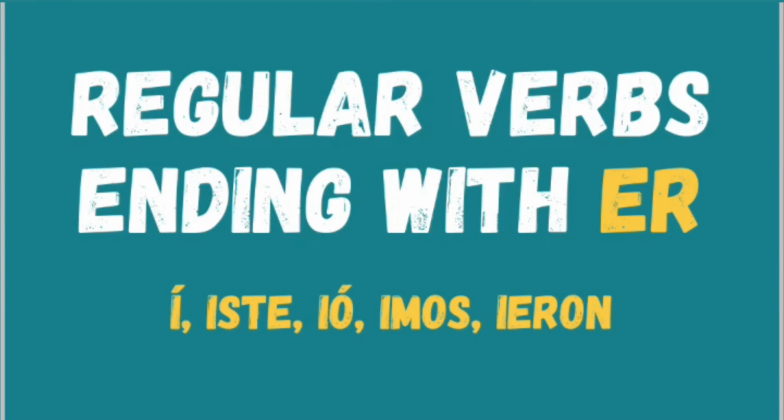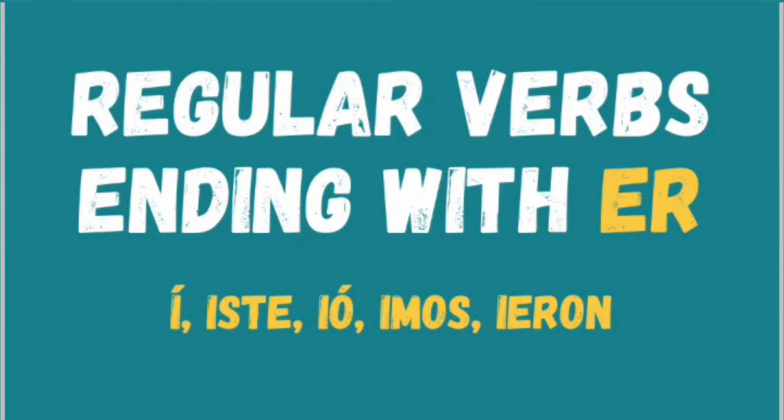If you have the personal pronoun I, yo, okay? Now, if you have the personal pronoun you, which means tú in Spanish, then the ending of your verb would be iste, okay? I-S-T-E. The ending of your verb with a personal pronoun tú would be iste, okay?